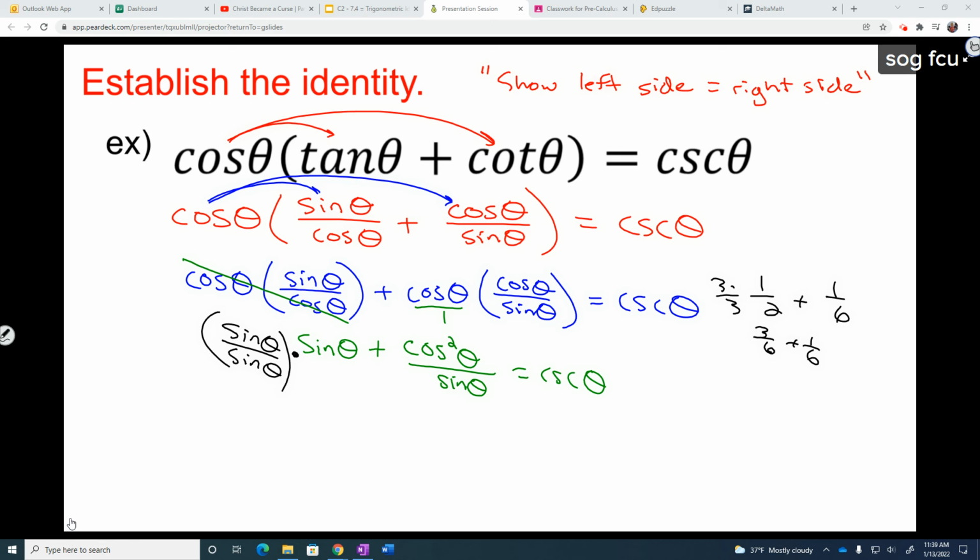So when we do that, we then have sine squared theta on top, and it's over 1, over sine of theta, plus cosine squared theta over sine theta equals cosecant theta.